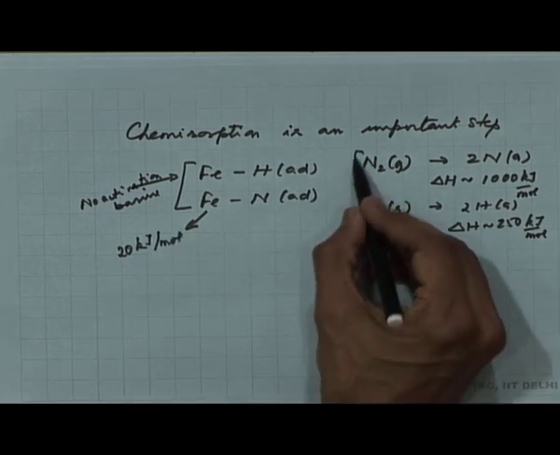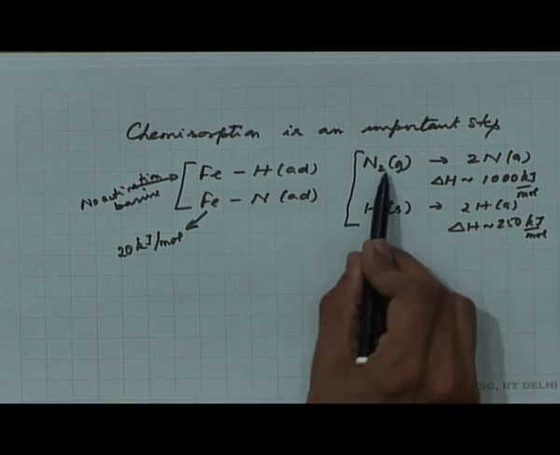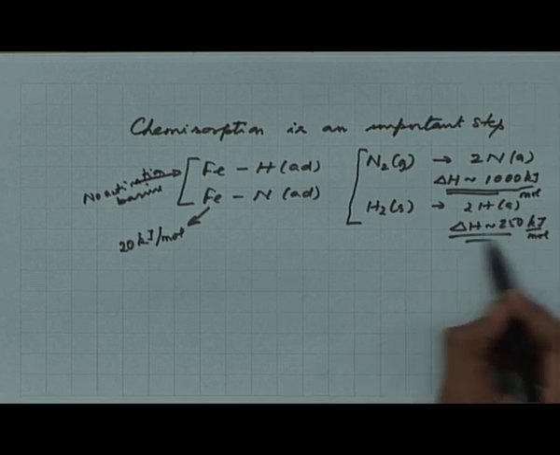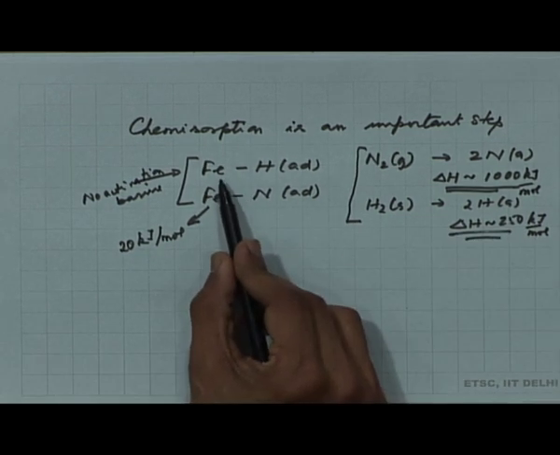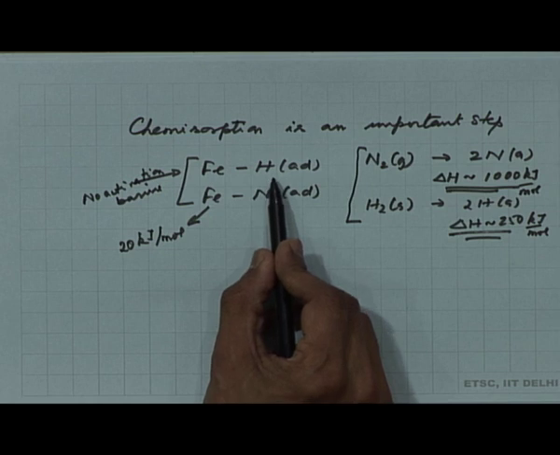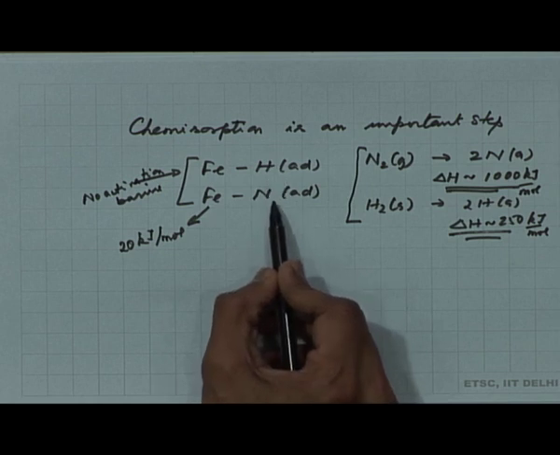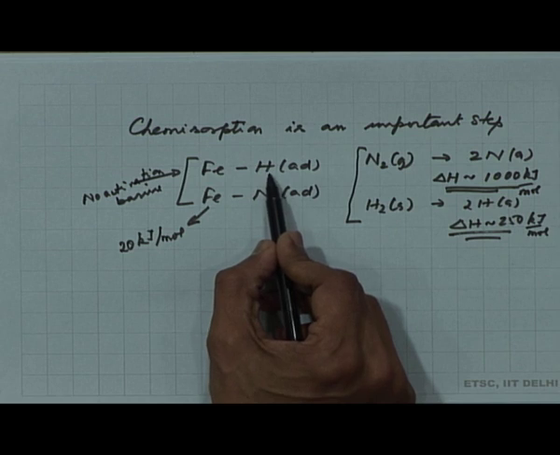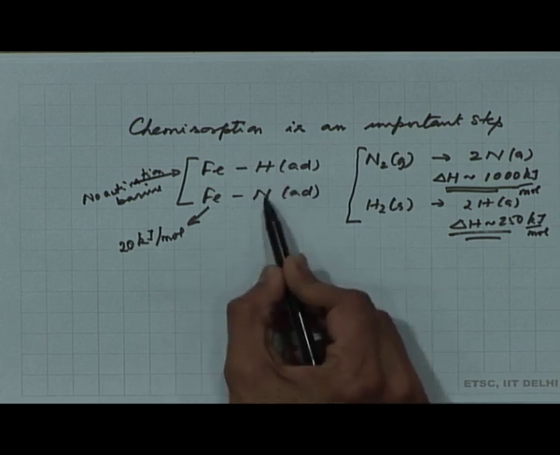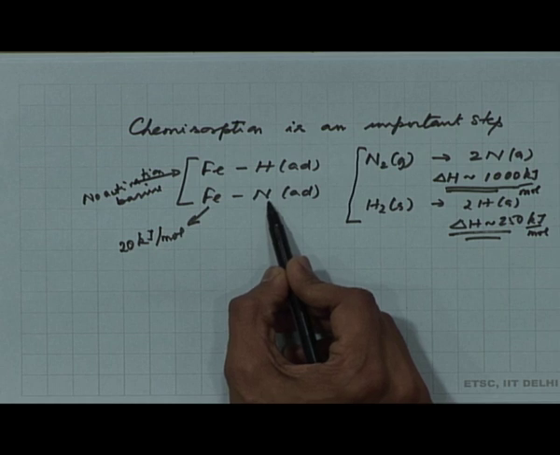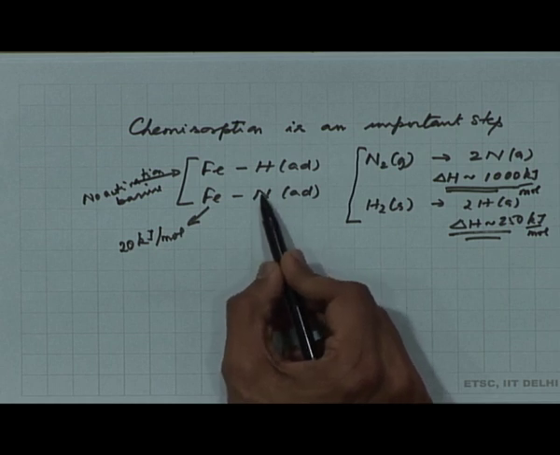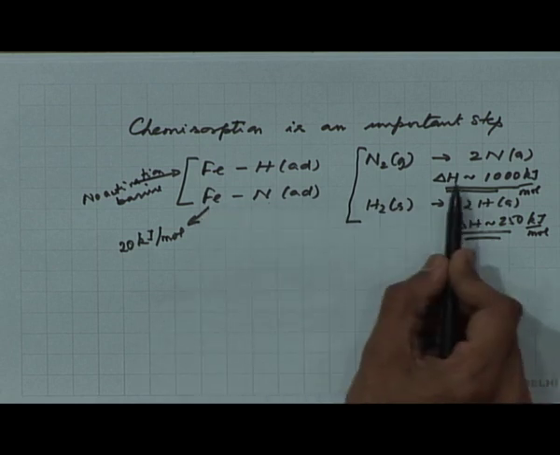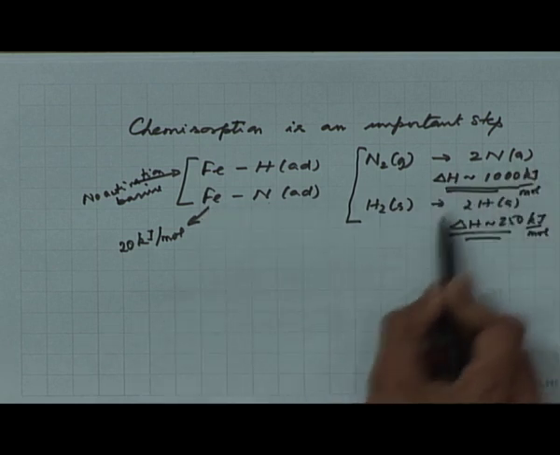So, rather than break nitrogen and hydrogen in the gas phase, which requires a lot of energy, what you have achieved by having the iron surface is breaking of the hydrogen and the nitrogen bonds. These are some of the strongest bonds that you can imagine, the H2 bond and the N triple bond N bonds. These two are very strong, but by having a catalyst surface you have essentially short circuited this.